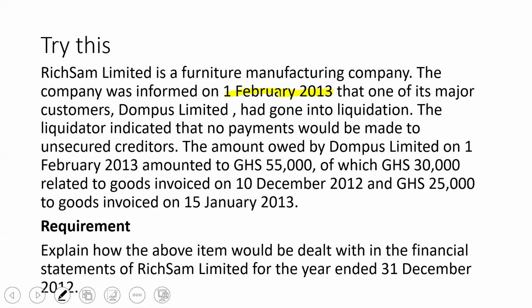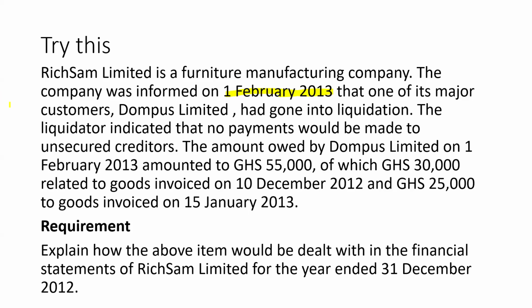This customer whose debt was written off also has another debt, goods sold to him in January. You just disclose the amount involved. You won't adjust it because the transaction occurred after the reporting period. So you adjust 30,000 and disclose 25,000. 30,000 is an adjusting event, 25,000 is non-adjusting, so you only disclose.